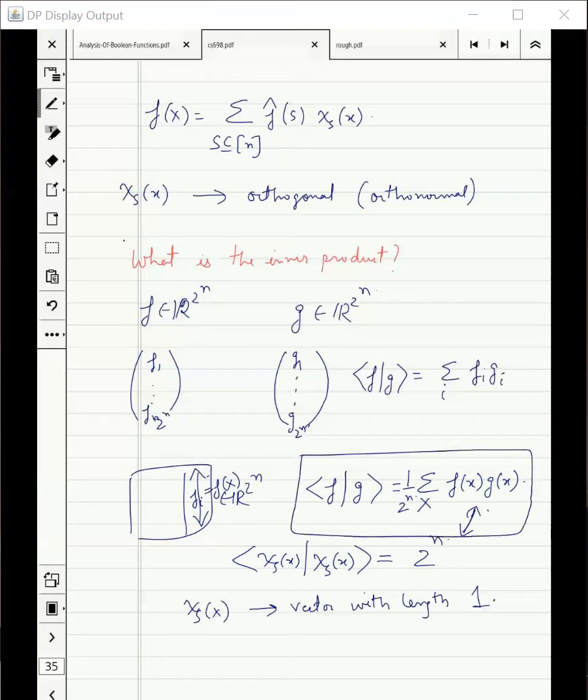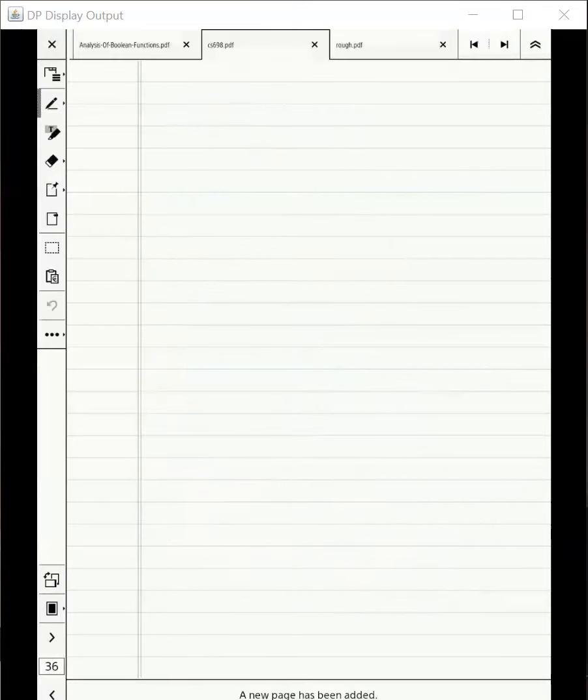Good. Now with this inner product in mind, I want to show that the inner product of chi S(x) and chi T(x) is equal to 0.